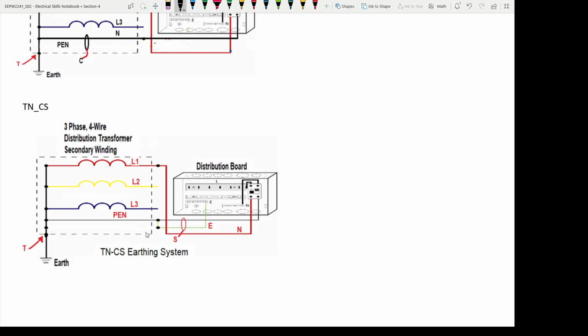From that distribution box, it is split into two conductors, one for neutral and one for earth. So, now we have two conductors in the installation and a single conductor from the supplier to the installation entry point. So, this is the TNCS method.